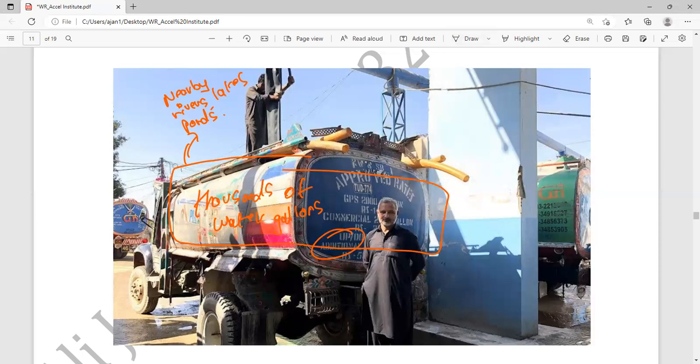So if you live in a city where the public water supply lines do not come to our homes, for instance, take the example of Karachi. Many areas in Karachi are void of fresh water. So these tankers actually come in very handy. These tankers supply water from door to door.